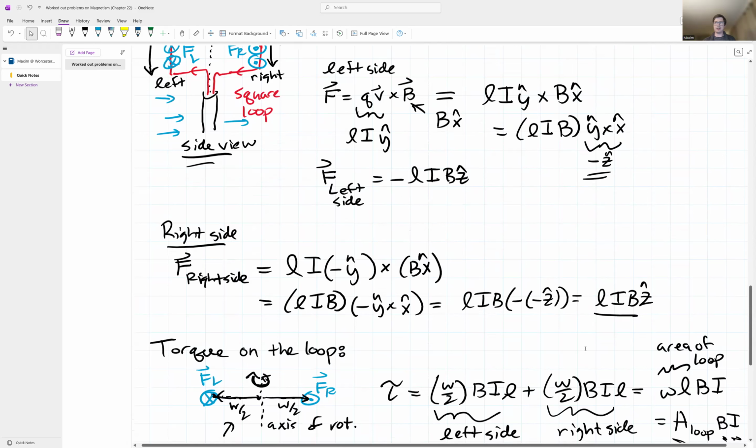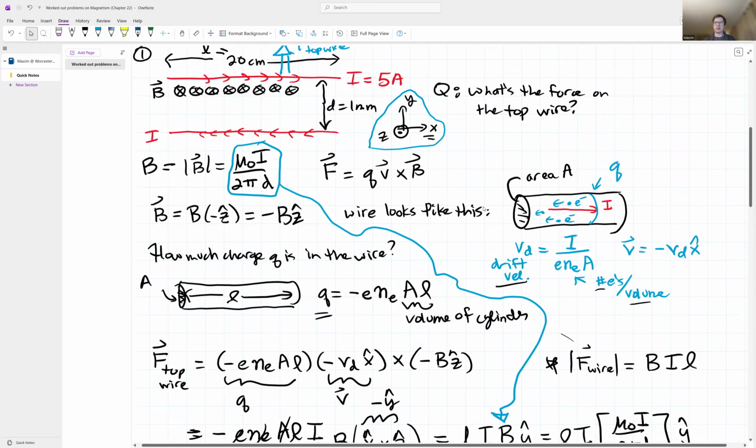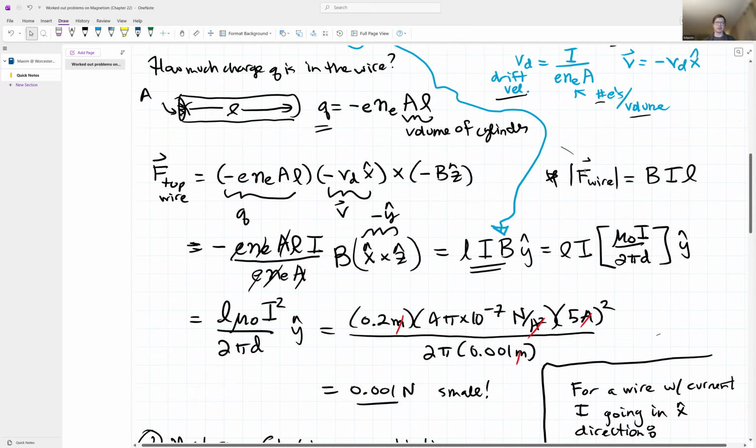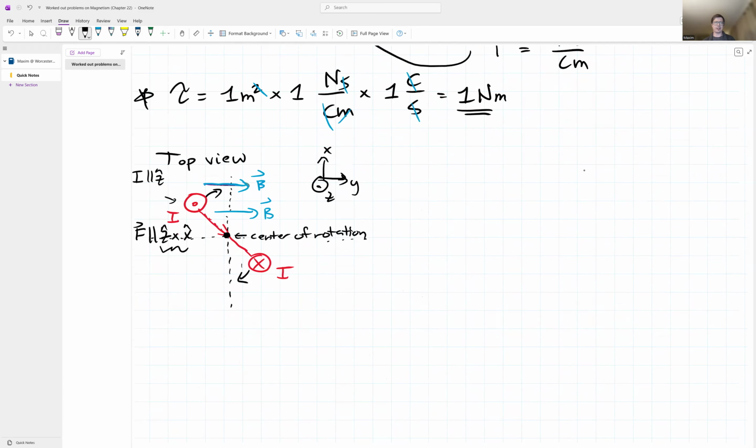If we look up in our table, that's y hat. Z hat cross x hat is y hat. That's good. So there is a force this way, right? So it is in the right sense. This is that force on the left side of the loop, looking from the top down view, after it has rotated for a little bit.